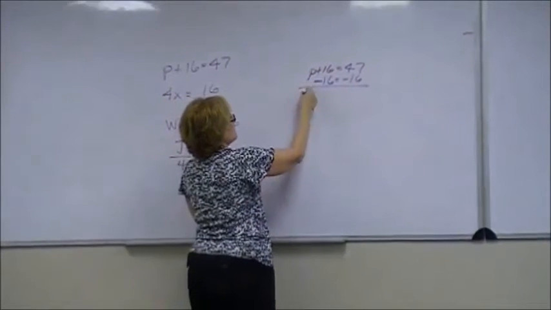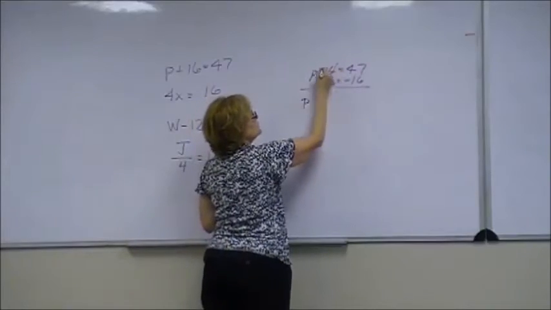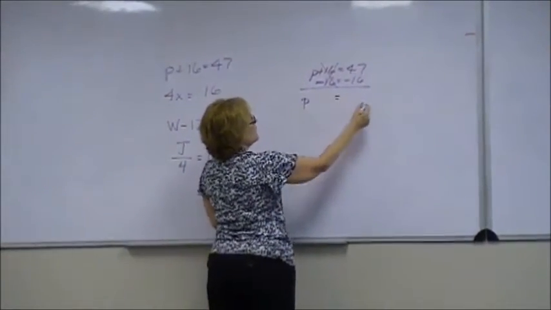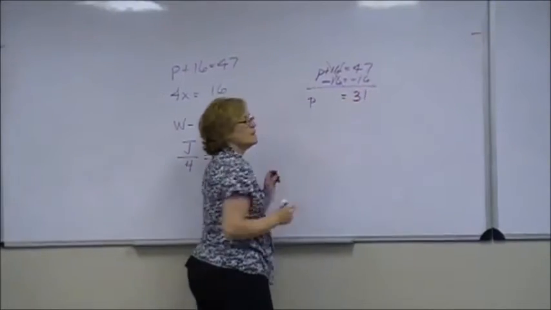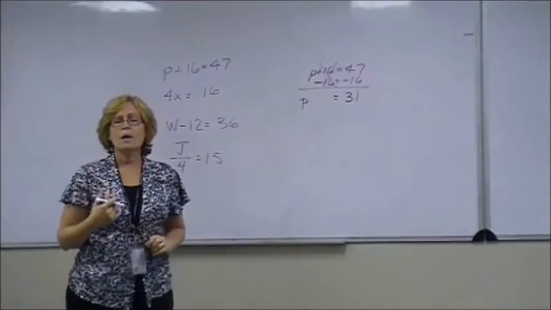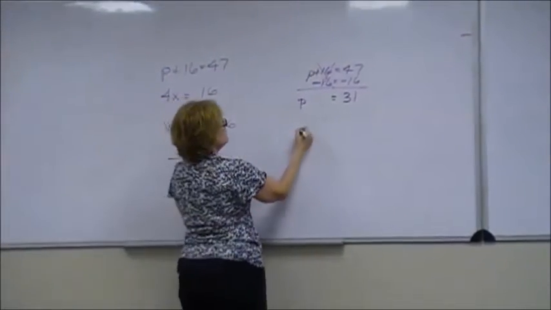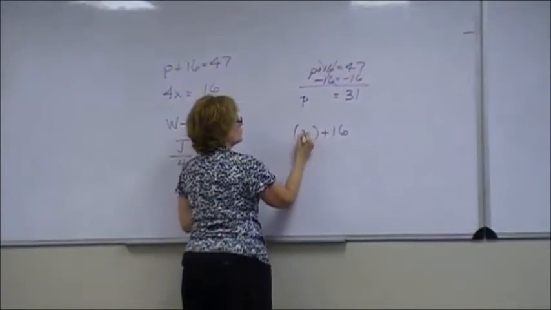So p from nothing is p. Positive 16 minus 16, those cancel each other out. And then I have an equal sign, and then 47 minus 16 gives me 31. So how do I make sure that I have it correct? Plug it back in. So I have p plus 16, and I found p to be 31.